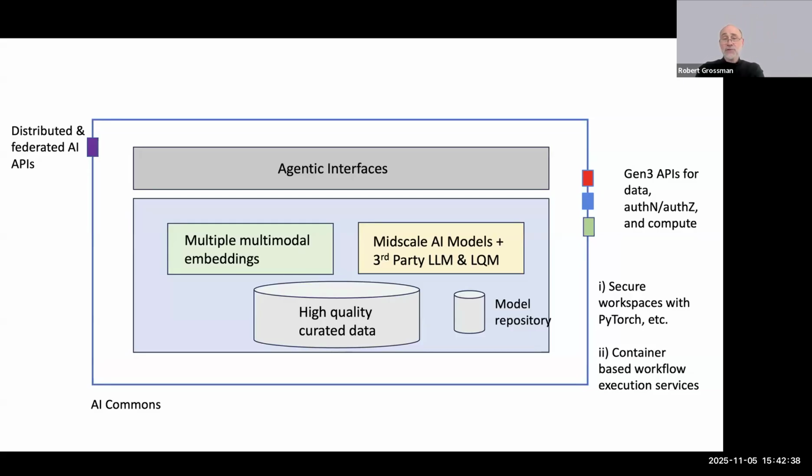We need to store the models we built, so we'll need a model repository. We're really focusing on multimodal embeddings, which are computed once and for all and used in multiple small to mid-scale models within the commons, so the data doesn't have to leave the commons.